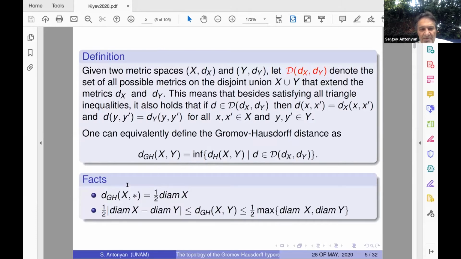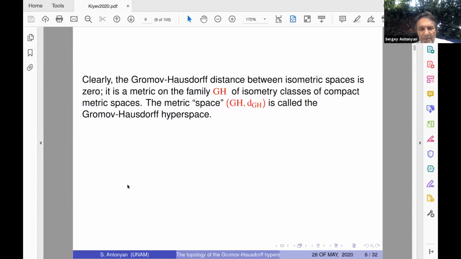Here are some well-known properties. Evidently the Gromov-Hausdorff distance is zero if X and Y are isometric compact metric spaces. That's why, if we want to obtain a real metric, we have to consider the isometry classes of these compact metric spaces.